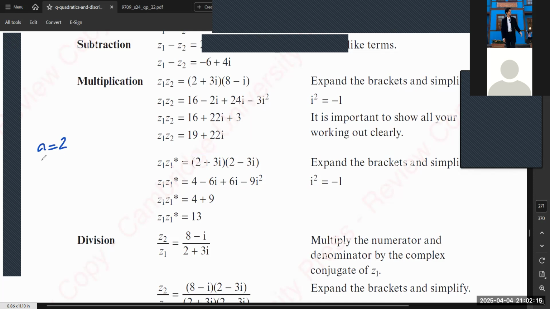Because you have a is 2 and b is 3i, so a square is 2 square minus b square, which is 3i square. So you have 4 minus 9i square. But the thing is, i square is minus 1, which means all of this is really just plus 9. So that is why whenever you multiply a complex number by its own conjugate, you always end up getting a real number. Remember this because I'm about to show you why this is so useful for us.